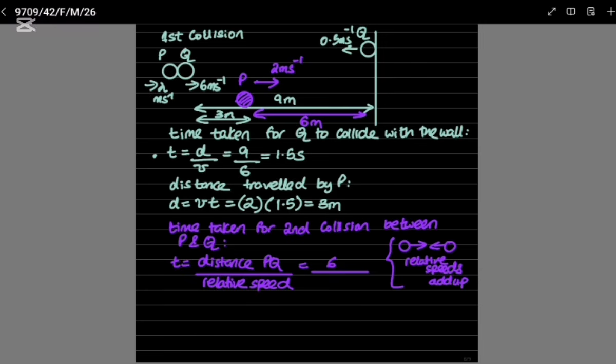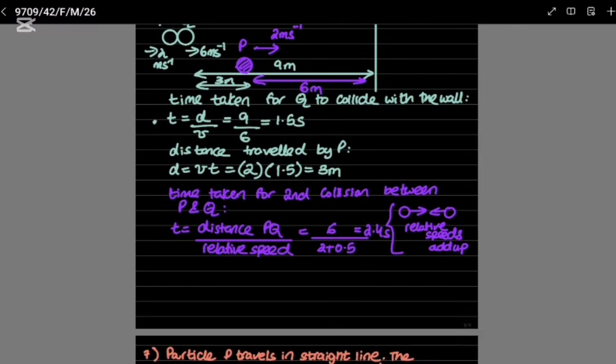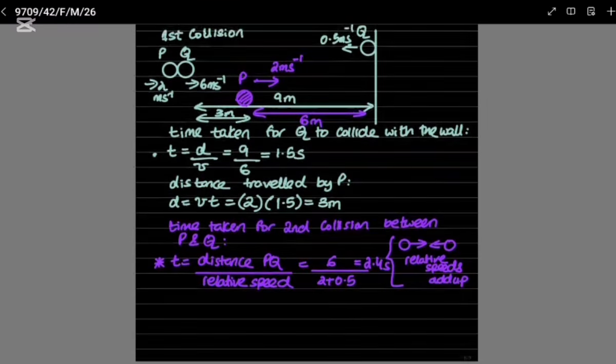So keep that in mind. So 2 plus 0.5, okay, 6 over 2.5, that gives me 2.4 seconds, okay. So 2.4 seconds, that's the time taken for the second collision.